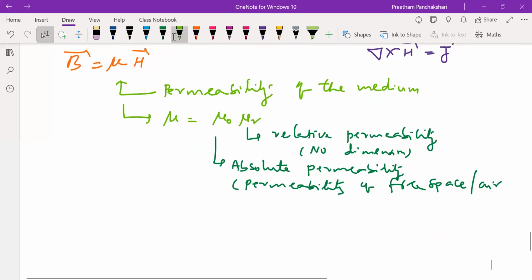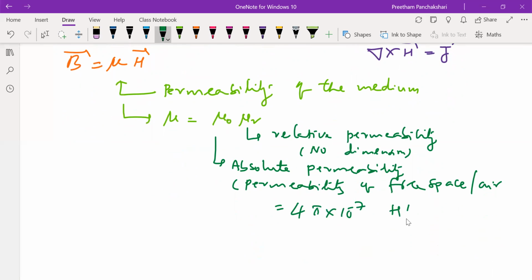Its value is given by 4 pi 10 power minus 7 henries per meter. So absolute permeability has a dimension of henries per meter. So totally mu has a dimension of henries per meter. This is a constant for a uniform medium, an isotropic uniform medium. So B and H are related by this.